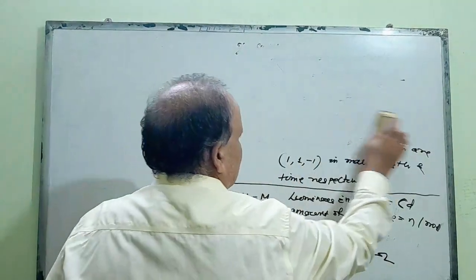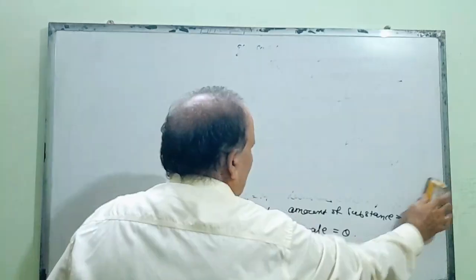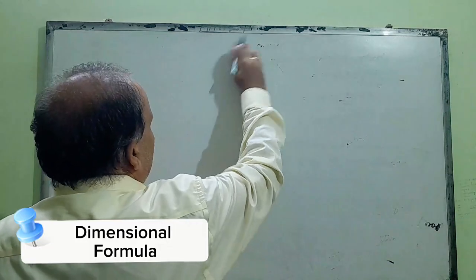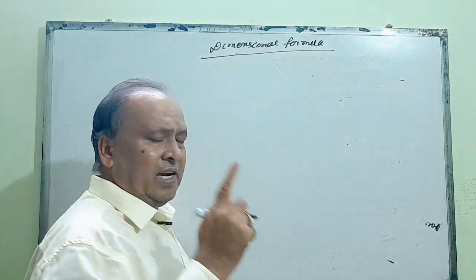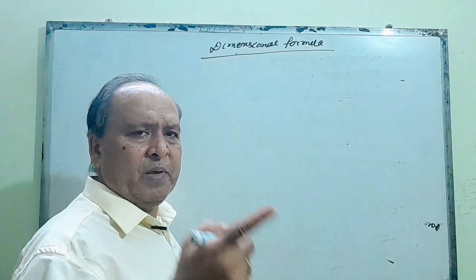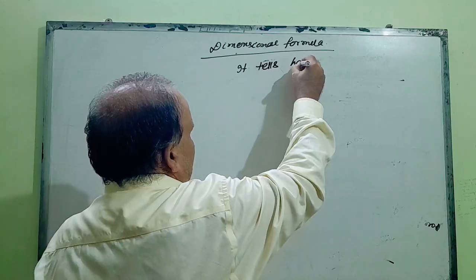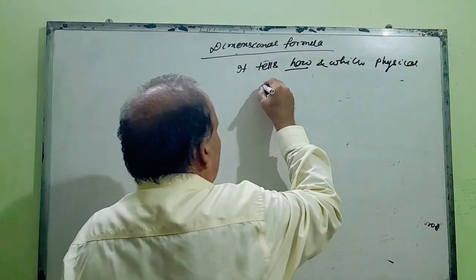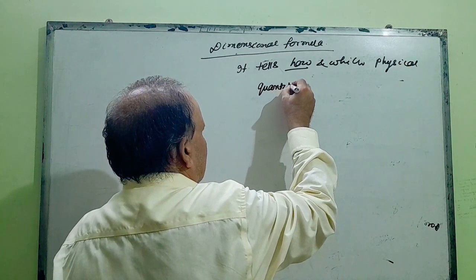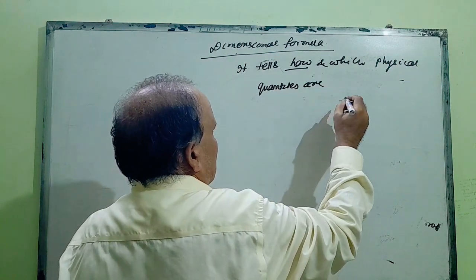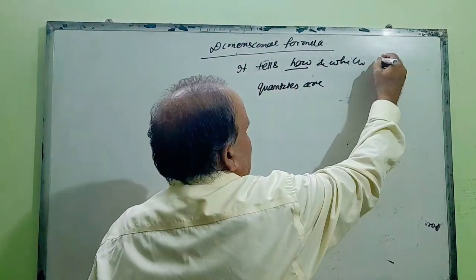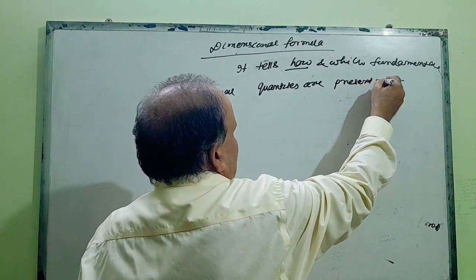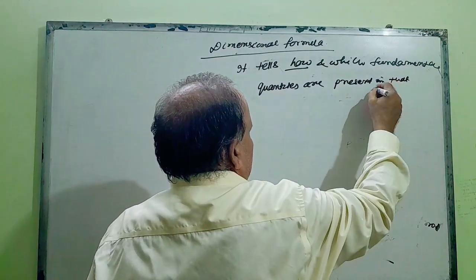Now, then we read, what is dimensional formula? The dimensional formula of a physical quantity tells how and which fundamental physical quantities are present in that quantity.